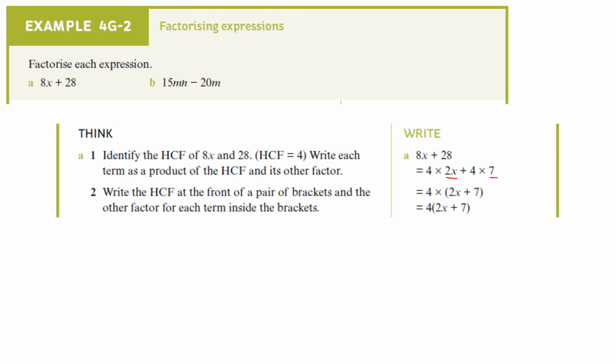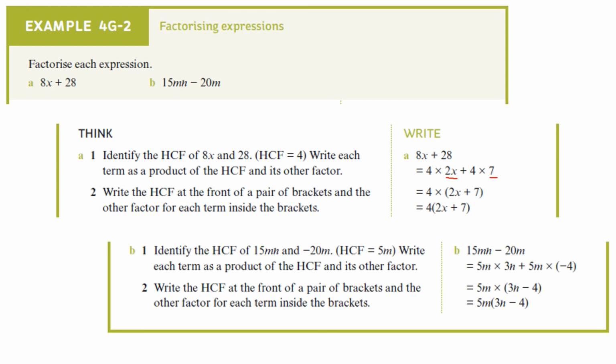Question B, again, similar approach. I've got 15mn minus 20m. Highest common factor of the numbers is 5. Of the letters is m.